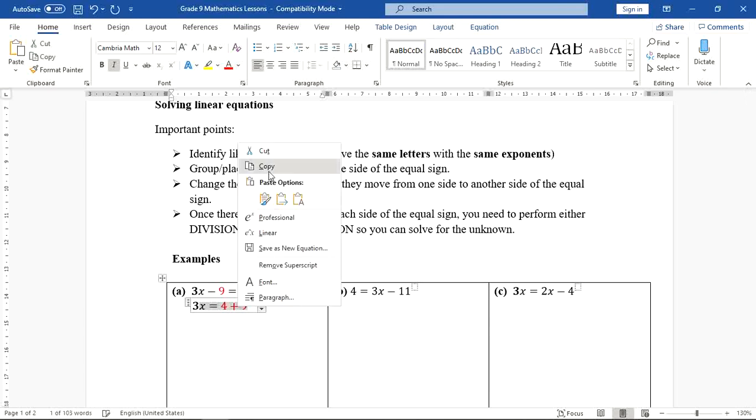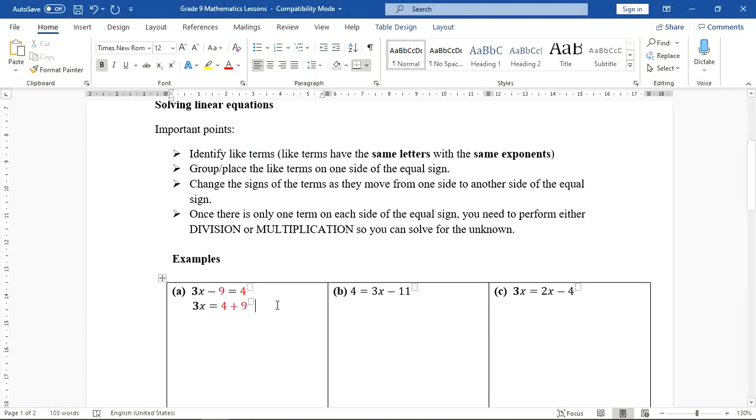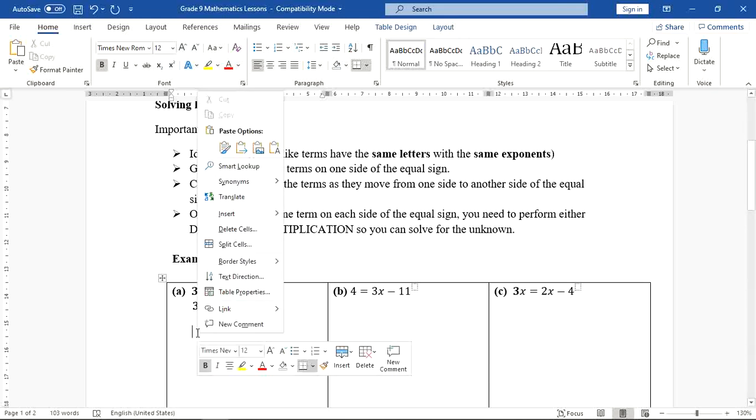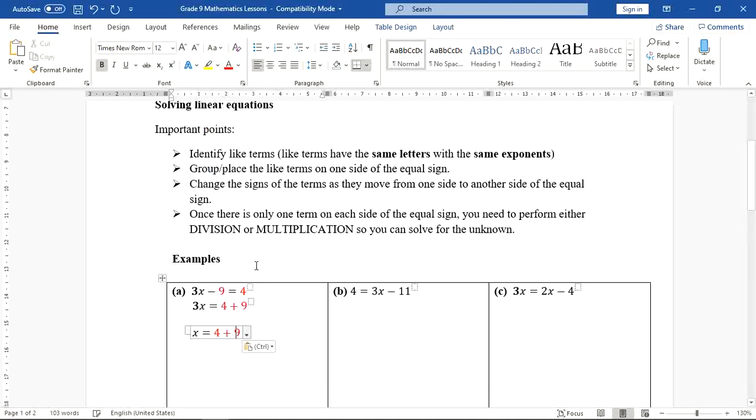Let's save more space so that our work is not clumsy. There's 3x here, and this will give us 13. What we did was simplify the like terms: 4 plus 9 gives us 13.